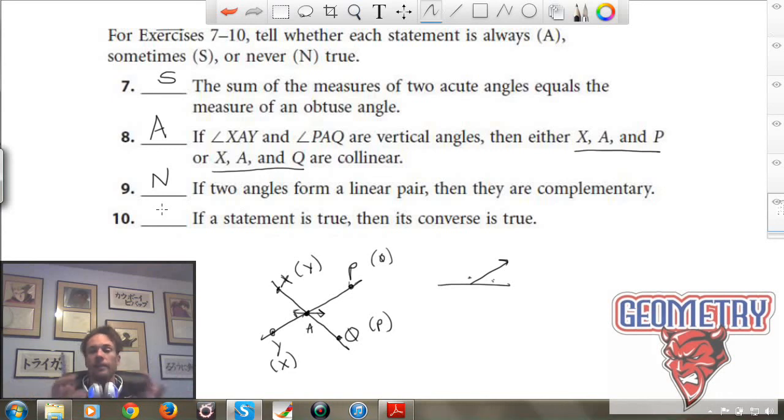And there's certainly a lot of geometry examples that we can use for that. However, that's not always going to be the case. There's some situations where if A then B is true, when you flip it around, if B then A isn't necessarily true. And we're going to see some geometry examples of that as well. So Number 10 is a sometimes situation.